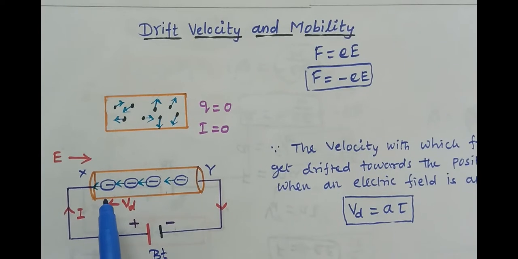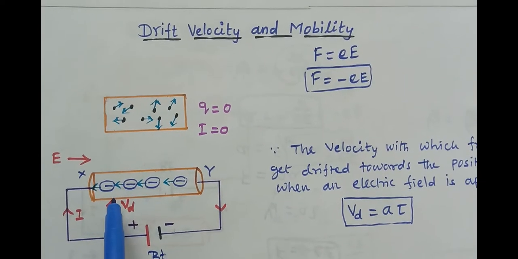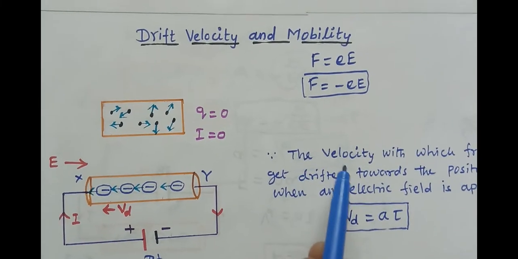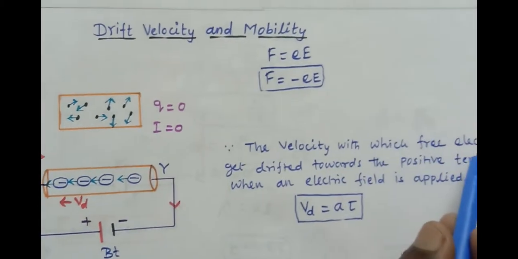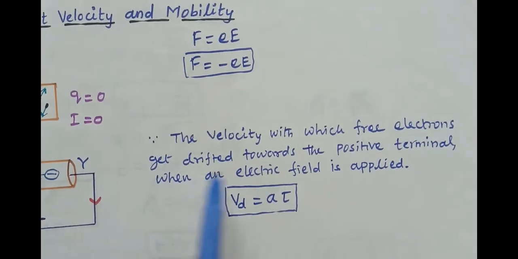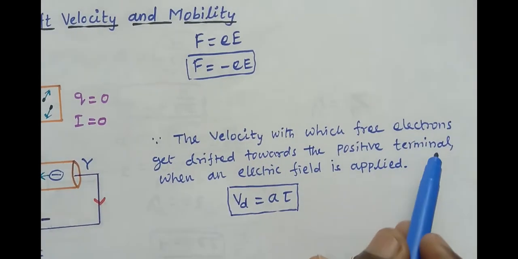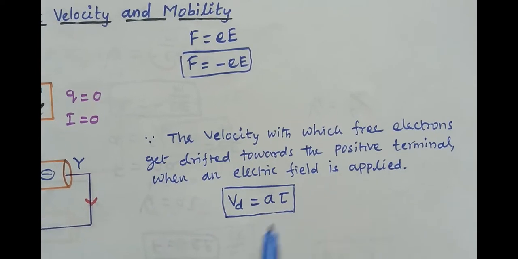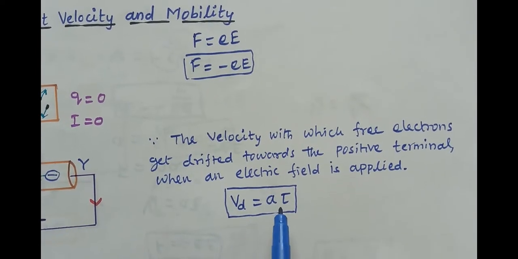So students, drift velocity is defined as the velocity with which free electrons get drifted toward the positive terminal when an electric field is applied, and is given by Vd is equal to a tau.